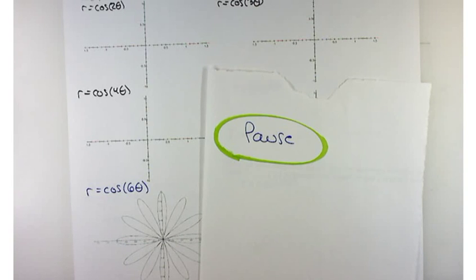I'll pick some groups for you. Across the back row, 3.